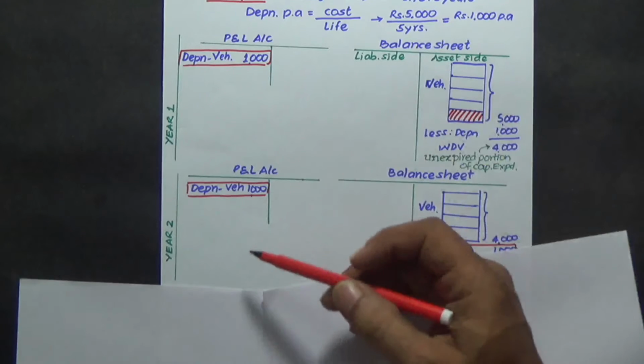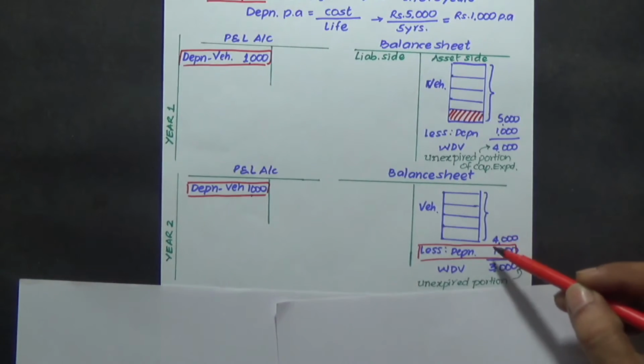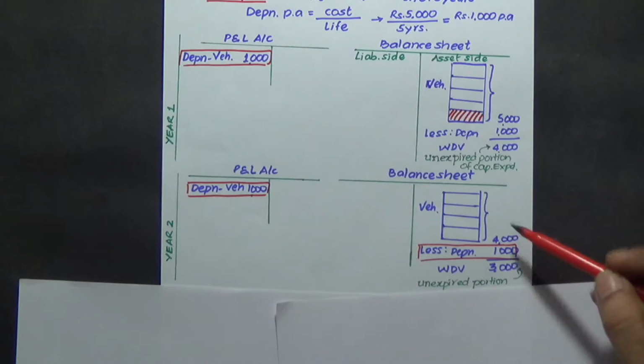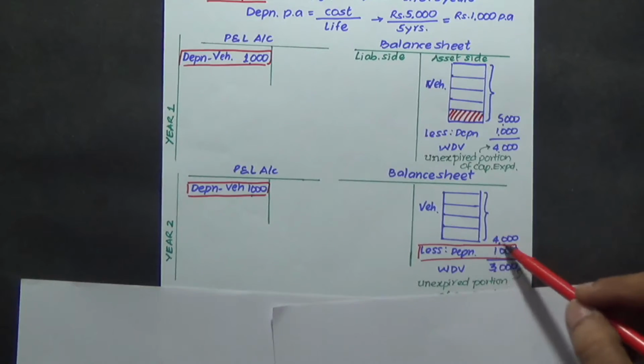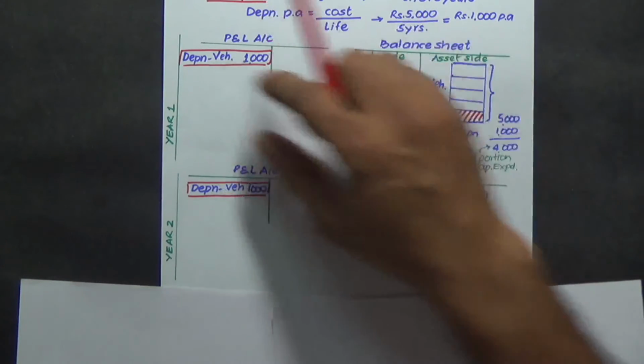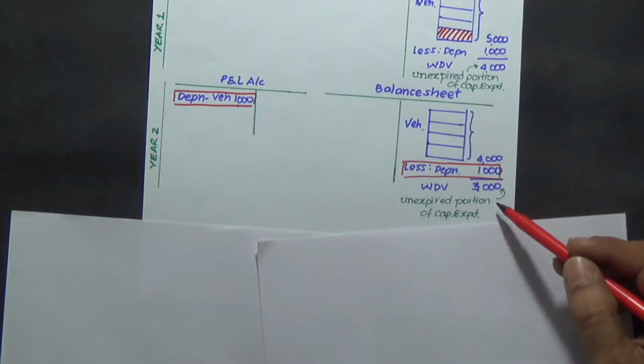Similarly, we are going to go to the next year. Second year, year 2, this amount 4,000 is what we have here. This 4,000 comes down here. We have got 4 blocks. Of that, one portion 1,000 is put over here, like how we did here. 1,000 is put here, and our written down value comes down to 3,000.